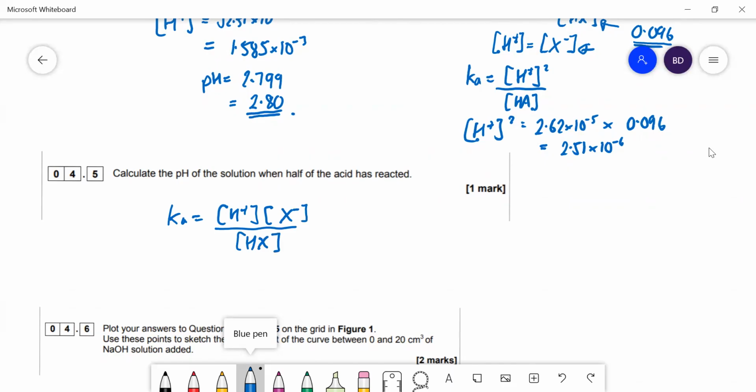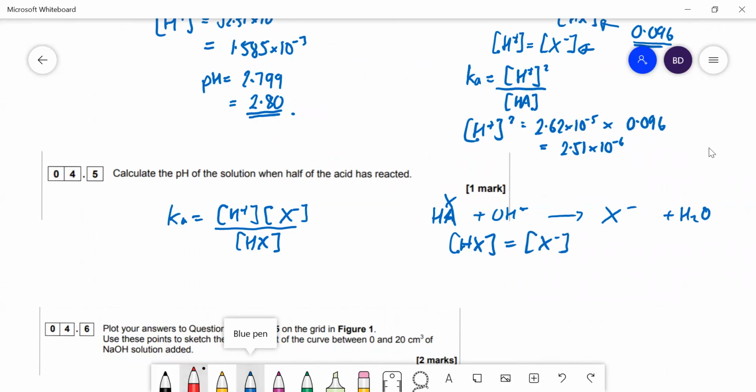When half of the acid has reacted, every time 1 mole of acid reacts with OH minus, you make 1 mole of X minus. So at half, the HX concentration is equal to the X minus concentration.